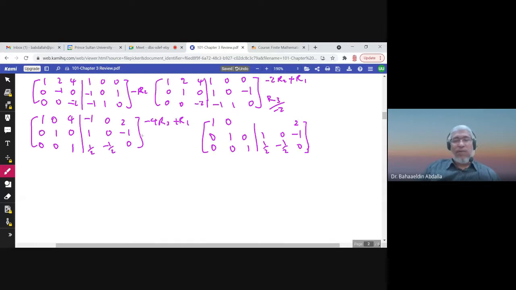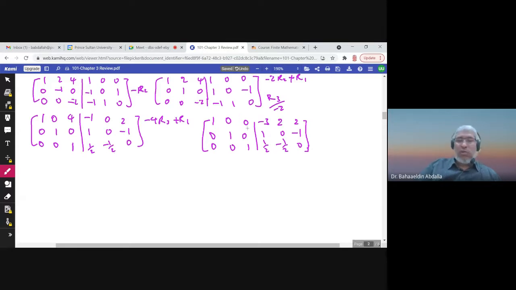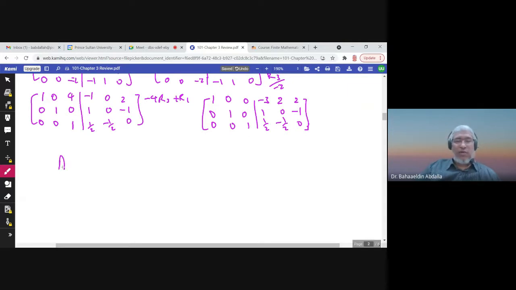And now negative 4 plus 4 is 0. Negative 4 times half is negative 2 plus minus 1, that's negative 3. And negative 4 times negative half is 2 plus 0, that's 2. So A inverse would be the matrix negative 3, 2, 2, 1, 0, negative 1, half, negative half, and 0.